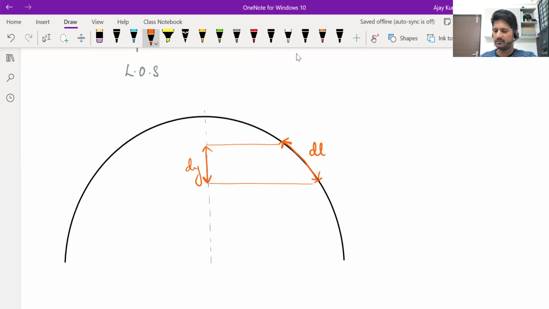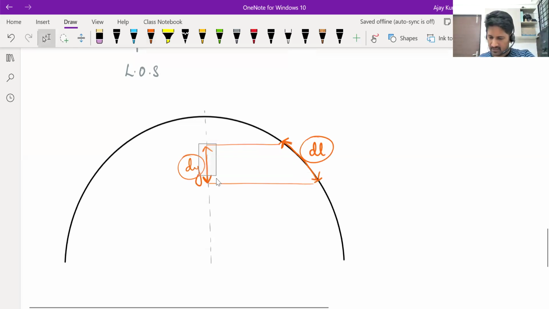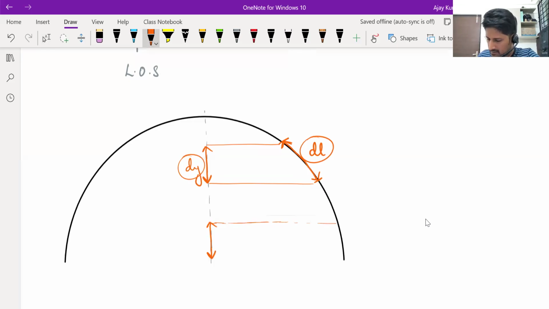Pawan, do you agree with this or not? Yes. Okay. And there's no fixed relation between them also. See, for this vertical length, this is the slant length. You take the same vertical length somewhere below. I'll just copy paste this dy arrow as it is. If we take the same vertical length here and look at the corresponding slant length, here the shape is not that slant.